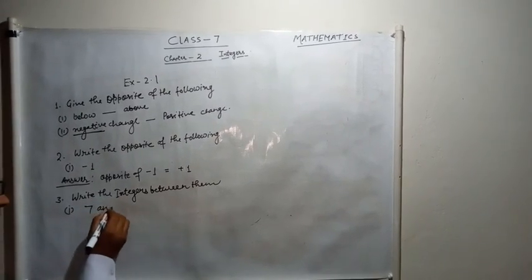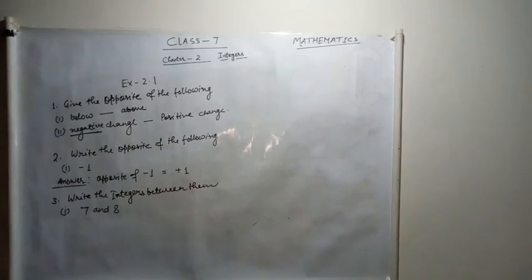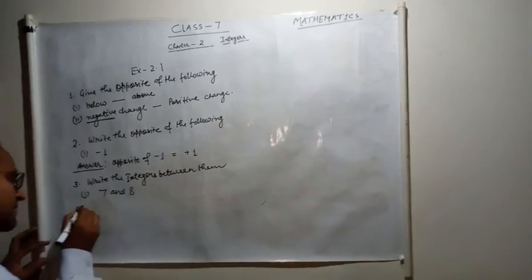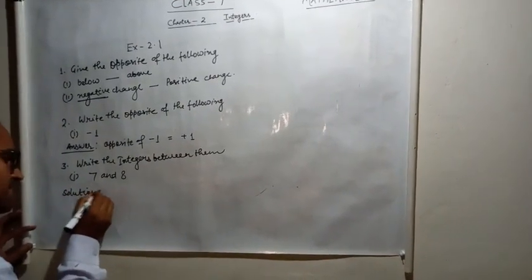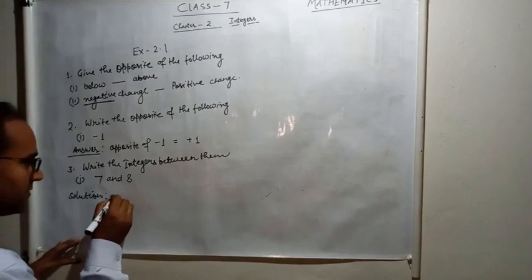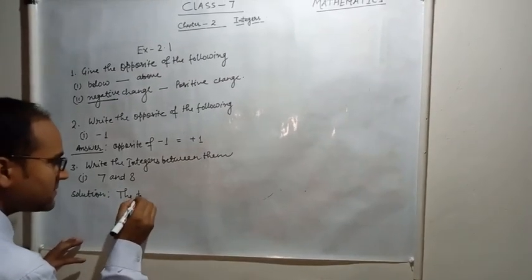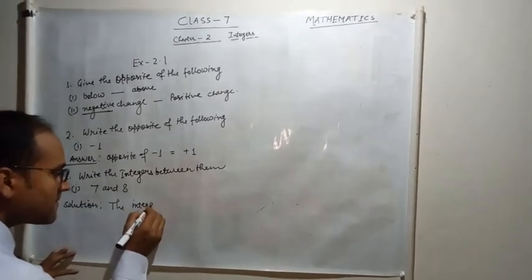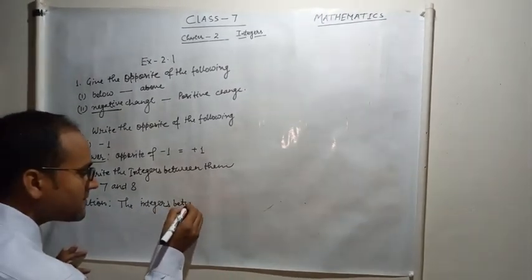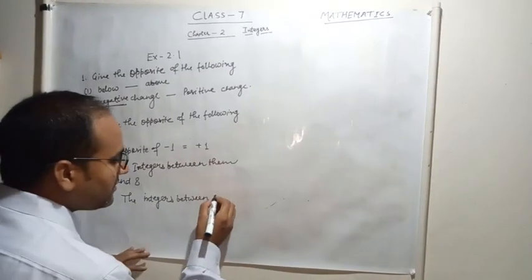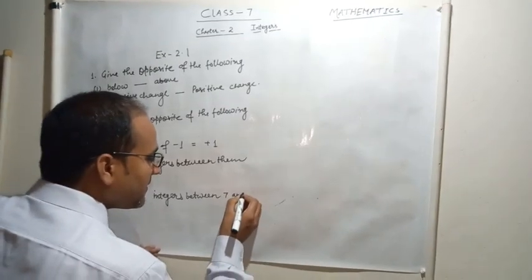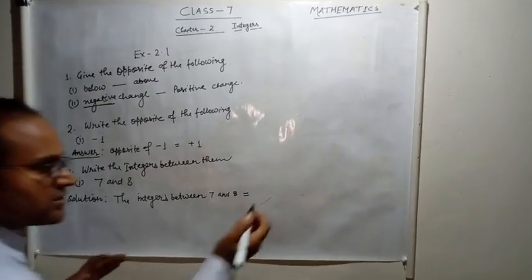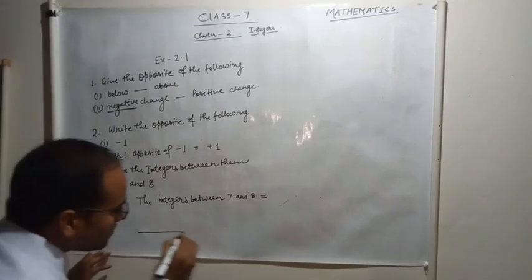So your solution is that the integers between 7 and 8. Here, students, listen: through this number line I want to show you.